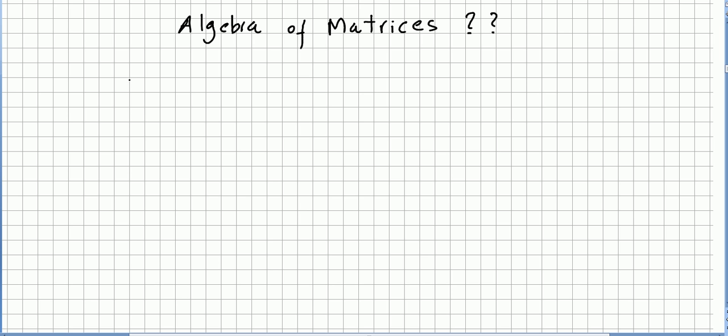So an algebra of matrices is, we have a collection, I'm going to use this C, a collection of matrices. So we have here a set of matrices: matrix A, B, C, etc. Of course it is non-empty.